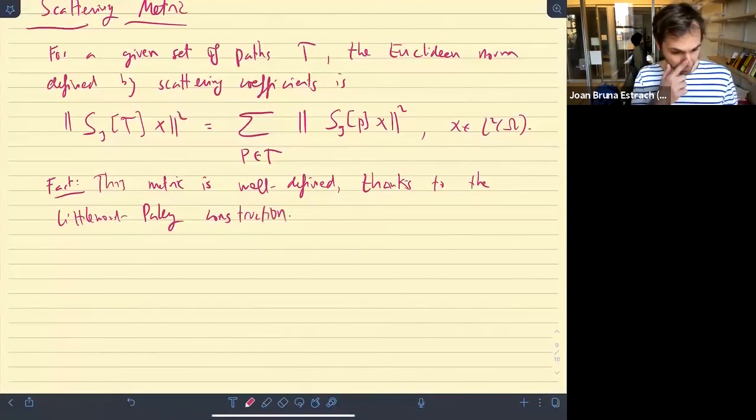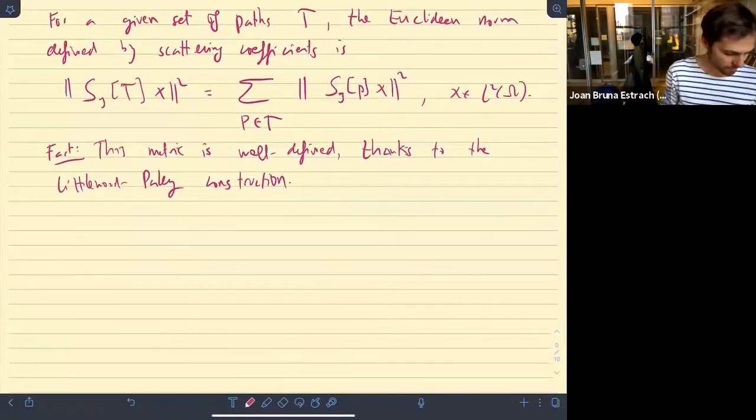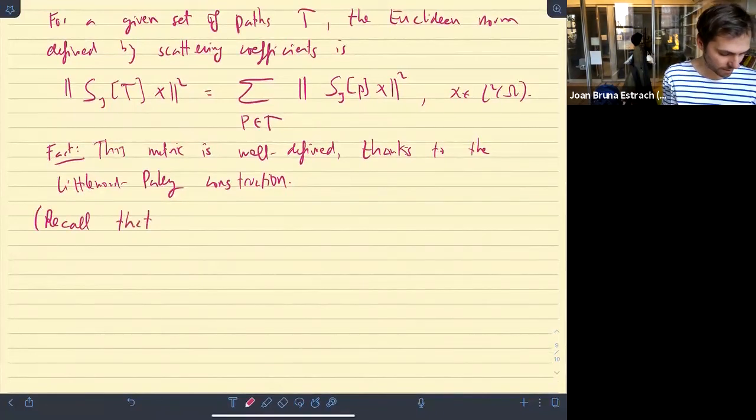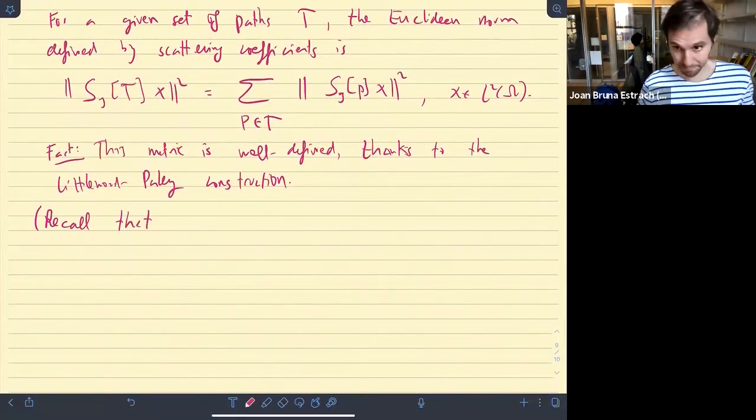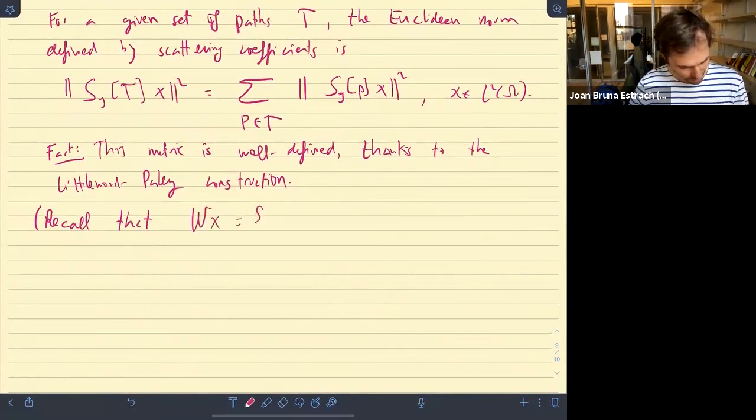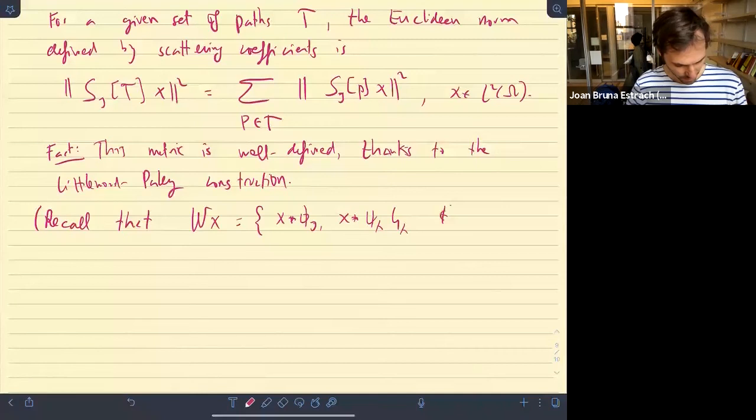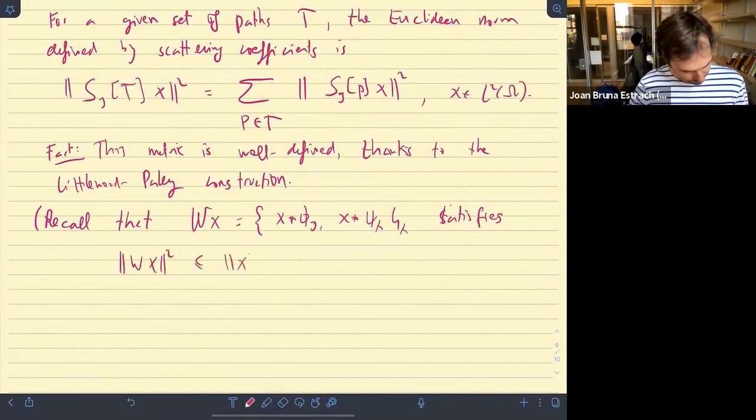If you remember, if I have this mapping W of X, that was just X convolved with phi J and X convolved with all the wavelets, it satisfies this property.